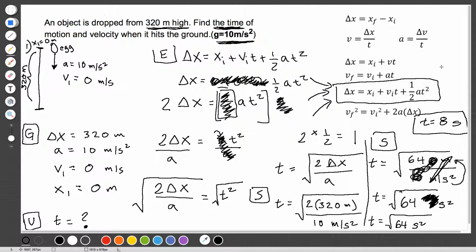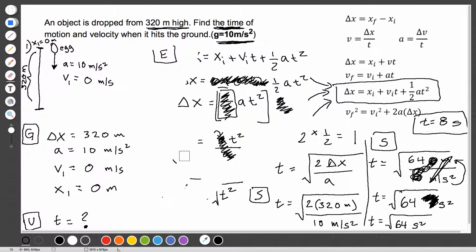Alright, so let's just erase some of this because we still have the second part of this problem to solve for. So I'm just going to go through and erase some of this, and I'm going to leave the diagram.